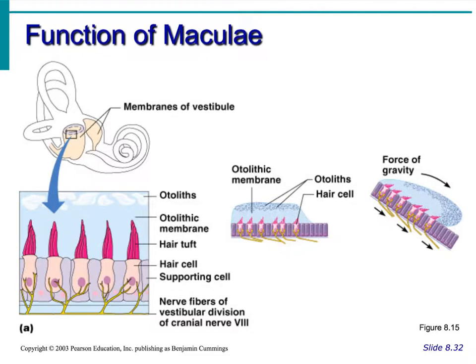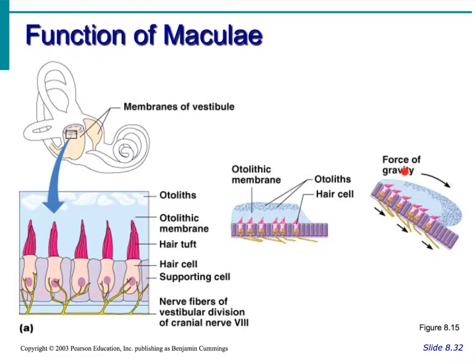So here's the picture of it. Here's the membrane. Within the membrane are the maculae, they're called, which means Latin for spots. And so you have your little salts in the gel here, and you have your little membrane that has the hair tufts and cells and the nerves in it.